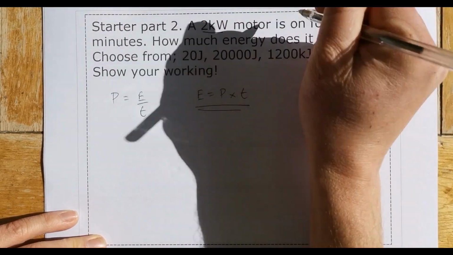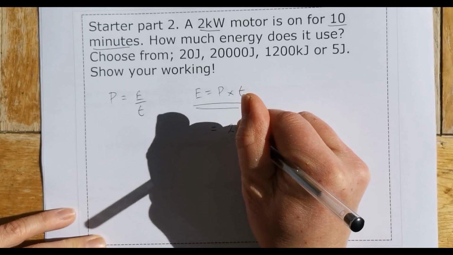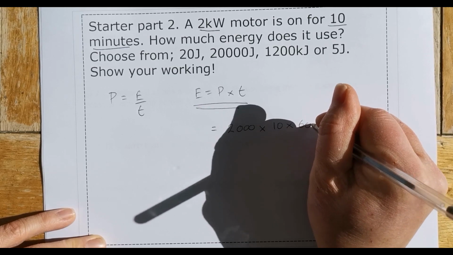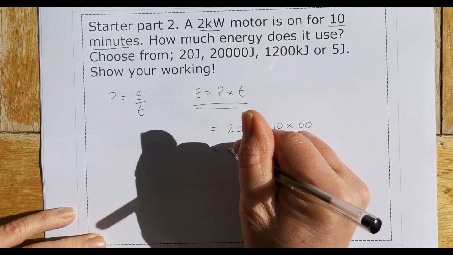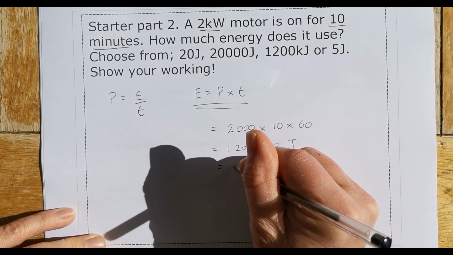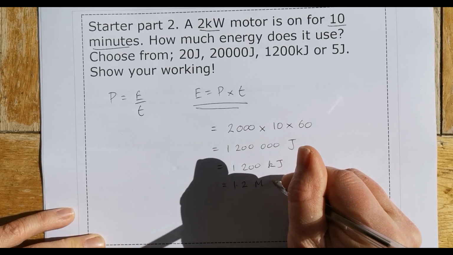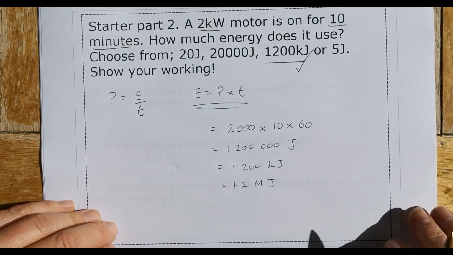It's a 2 kilowatt motor, so that's 2,000 watts times time, 10 minutes, 10 times 60. 2,000 times 10 times 60 is 1,200,000 joules, which is 1,200 kilojoules or 1.2 megajoules, whichever one you want. So that was my answer.